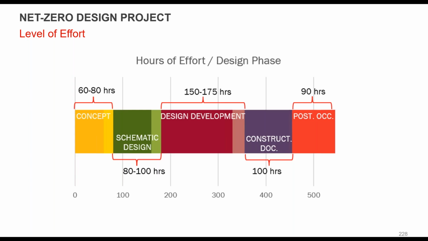So there was about 1.5, 2 weeks for concept, another 2 to 2.5 weeks for schematic, and then 3, 4 weeks for design development, 100 hours for construction documents, and a little bit of time, 2 weeks for post-occupancy. And you'll see some of that change depending on where the intensity of the simulation is.